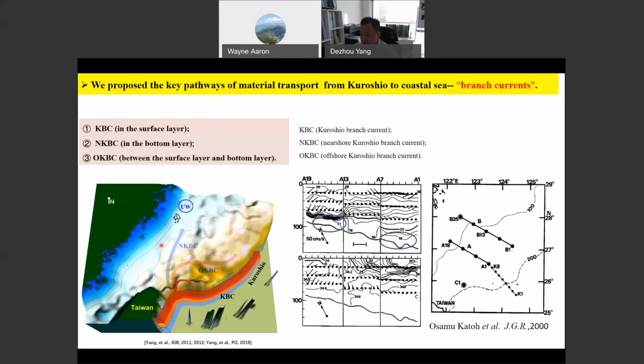This branch current came from the deep layer, and this branch current came from the middle layer, and this branch current came from the surface layer. It means the source water of this branch current is from the deep water.